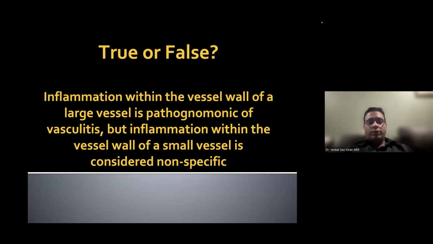So in a small vessel, inflammation within the vessel wall is non-specific. However, diapedesis does not happen in a large vessel. And therefore, if you're seeing inflammation within the vessel wall of a large vessel, that is pathognomonic of vasculitis. I hope this concept is clear, and I hope you don't forget it now that you got the option wrong when you took the quiz.